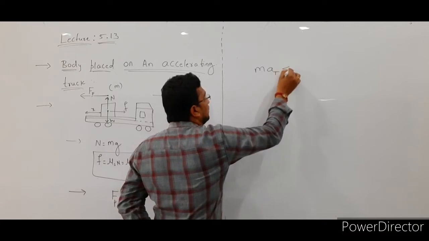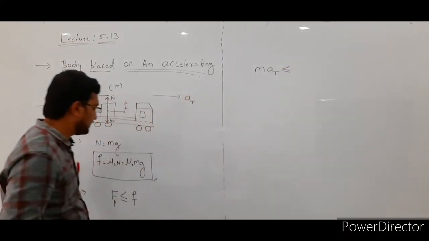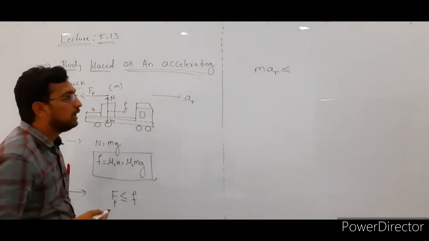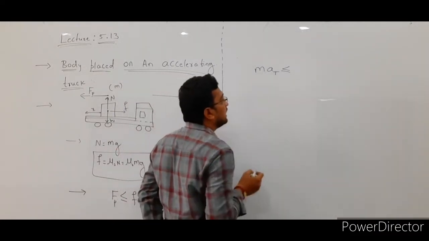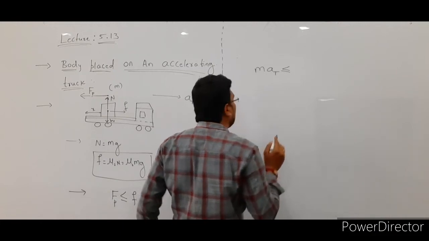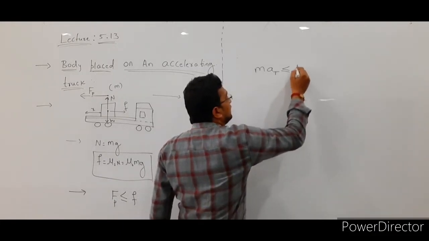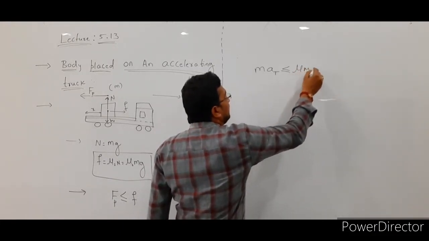So the magnitude of the pseudo force, m into a suffix t, is less than or equal to the friction value, mu into m into g.